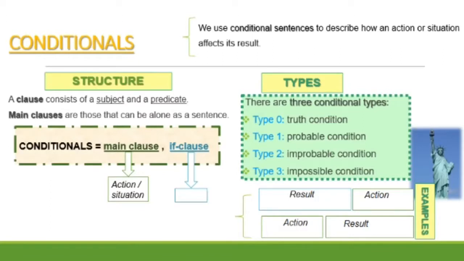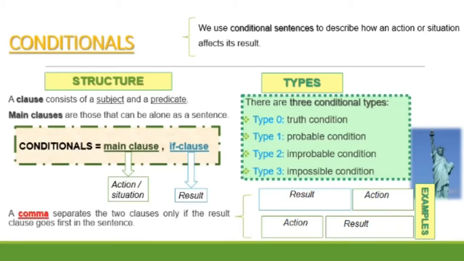To have the whole idea. That is the result. Then a comma separates the two clauses only if the if clause goes first in the sentence. For example, if I have enough money, I will go to the USA.